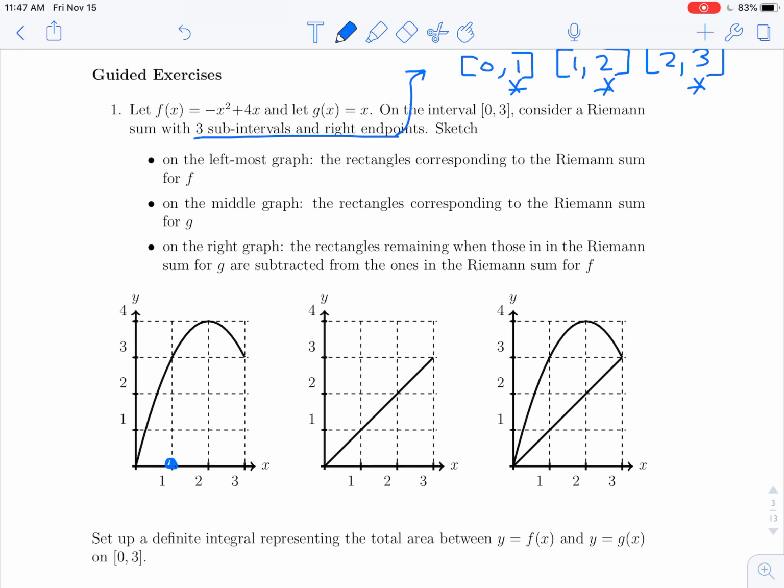So I'll mark my first right endpoint, go up till I hit my graph, and then make my rectangle. Second subinterval, there's my right endpoint, go up till I hit my graph, make my rectangle, and then same thing for the third one.